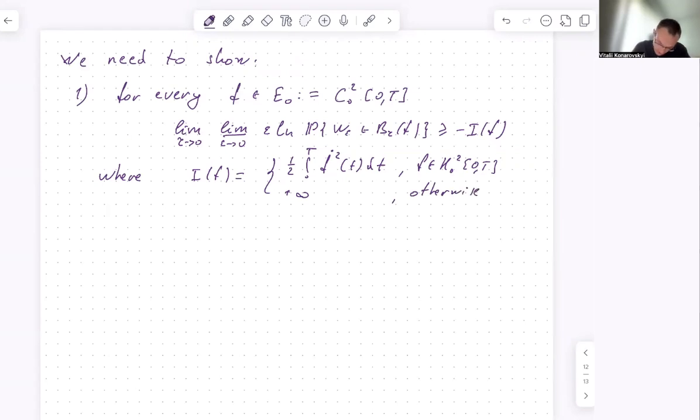And the second: this set E0, that is in our case the space of twice continuously differentiable functions, has to be large enough.